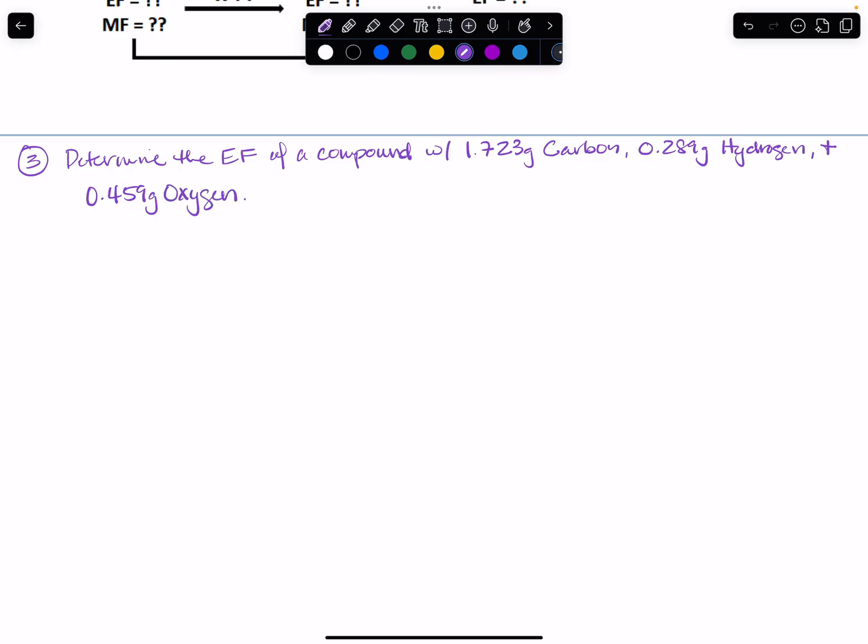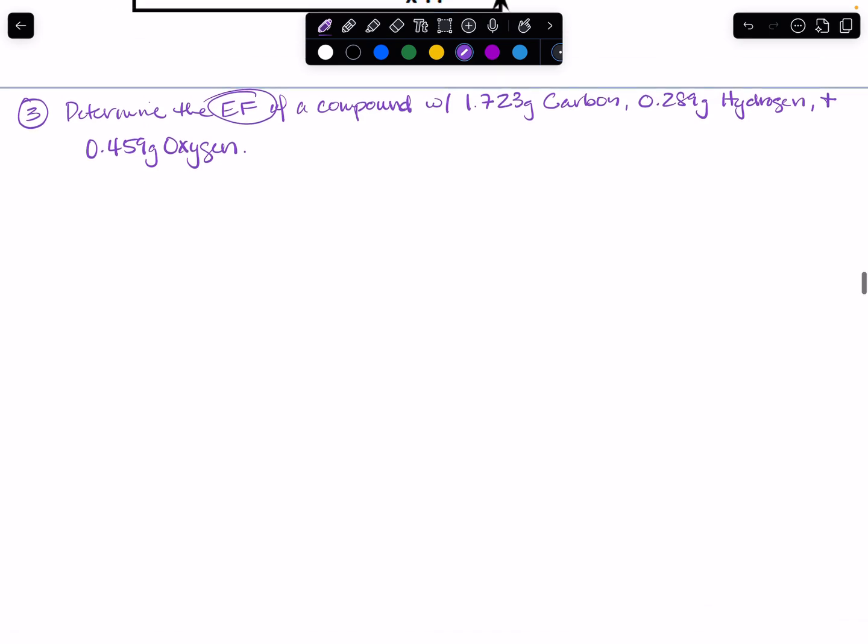So our job is to figure out what is the empirical formula based on this information. As part of that, the jingle comes back.